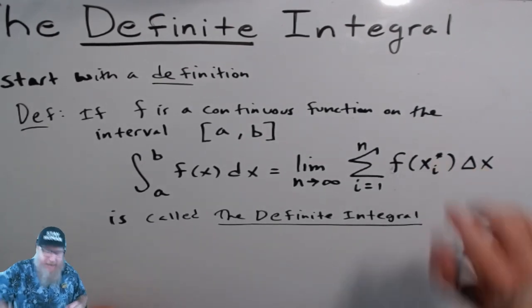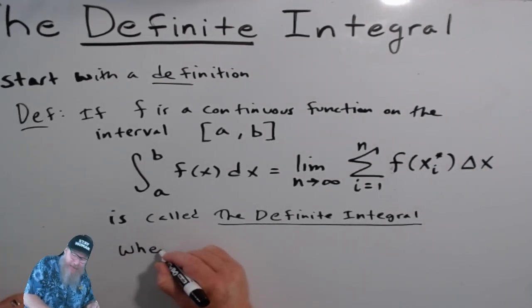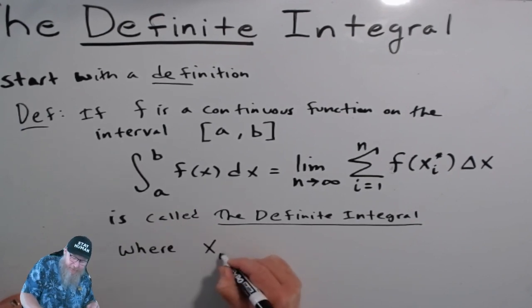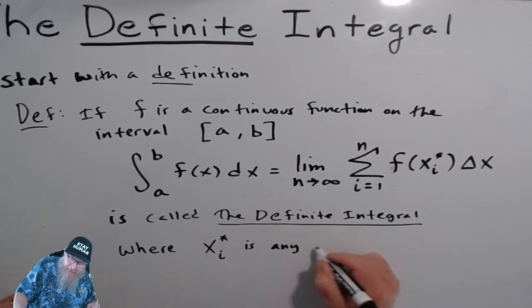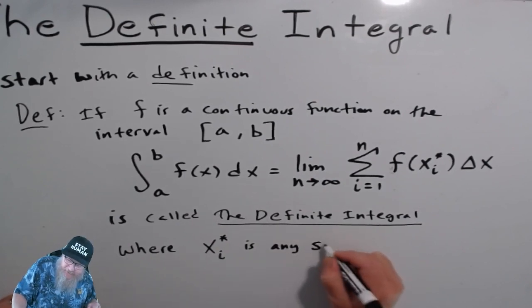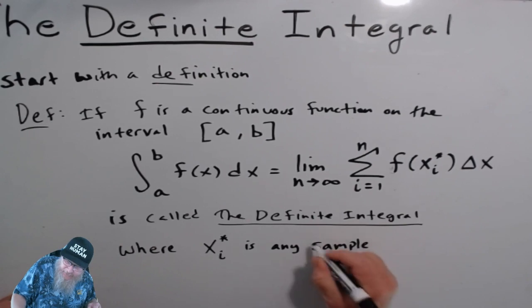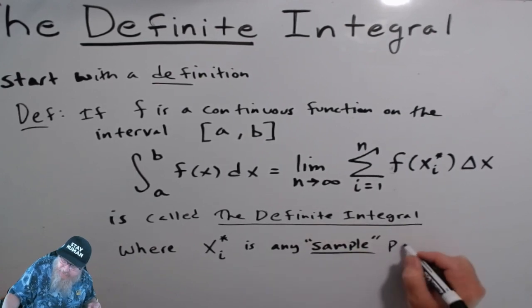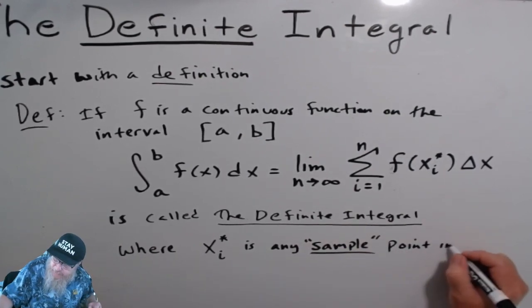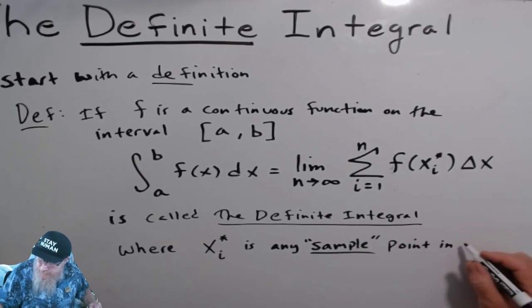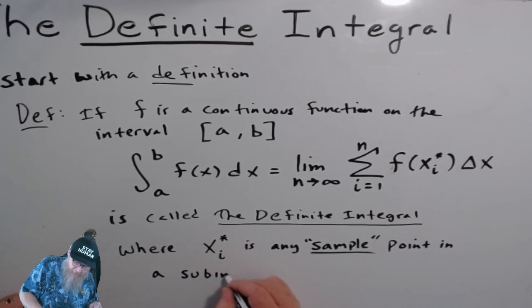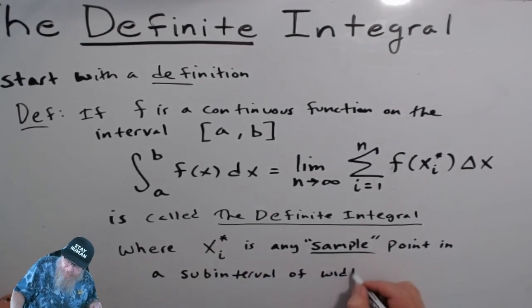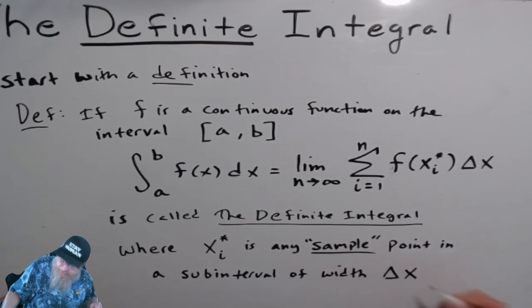Now, the xi star is any what we call sample point in a subinterval of width delta x.